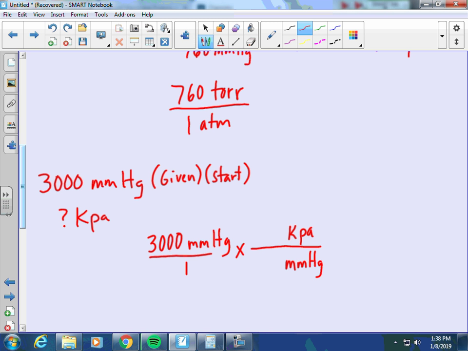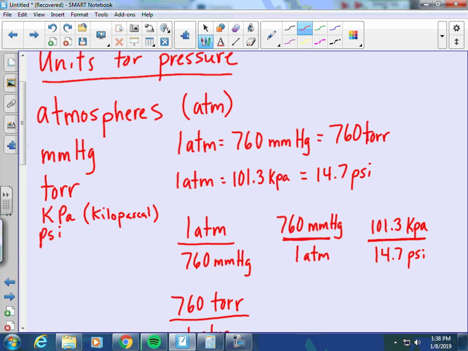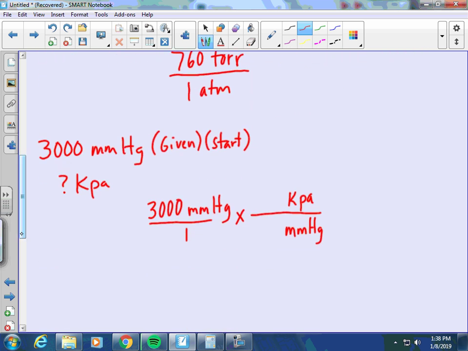All right? So if we look at kPa, when we did those conversions up there, the number in front of kPa was 101.3. So that's what I'm going to use. In front of kPa, I'm going to put 101.3. Now you guys have your notes in front of you. What was the number in front of mmHg, millimeters of mercury? 760. So I'm going to put that in front of mmHg.